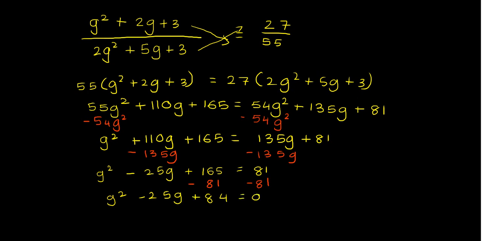Okay, so are there two numbers that multiply to give me 84, and the same two numbers add to give me minus 25? If I look at this quadratic, the two numbers are going to be negative because they add to give you a negative but multiply to give you a positive number. So let's see the factors of 84.